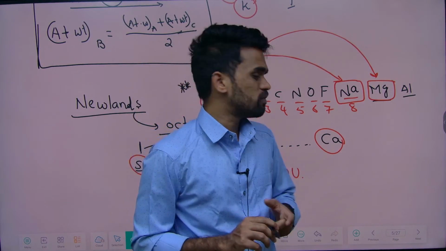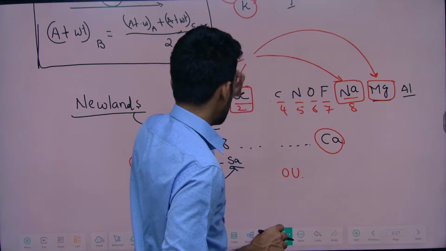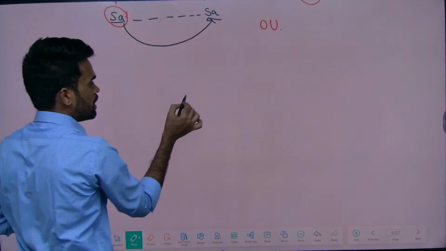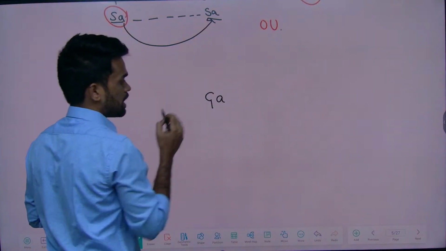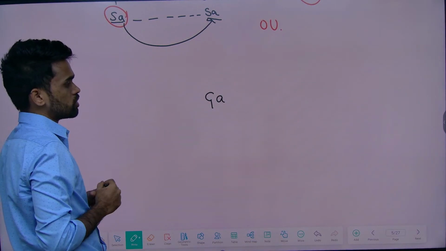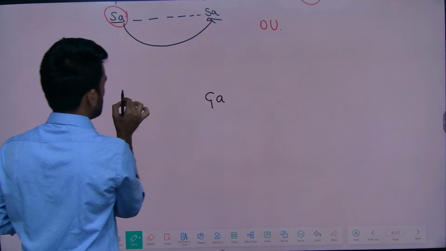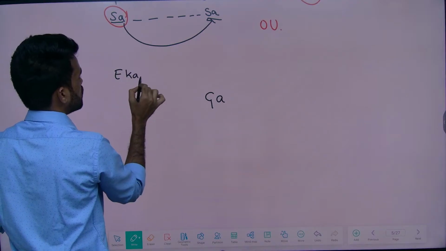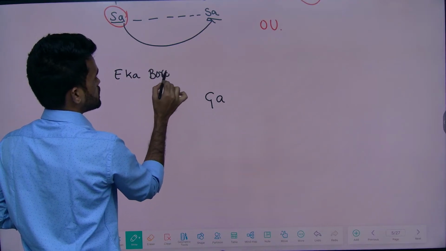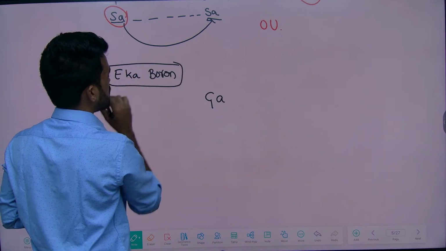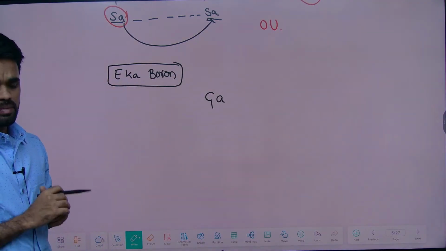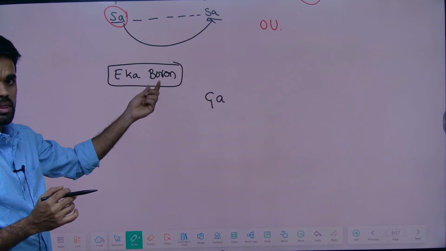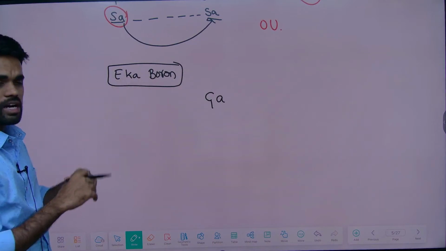Like that, what predictions did he make? He made predictions for gallium. In the place of gallium he mentioned Eka-aluminium. The space was called Eka-aluminium, meaning there is an element that fits into this position, and we call it Eka-aluminium.